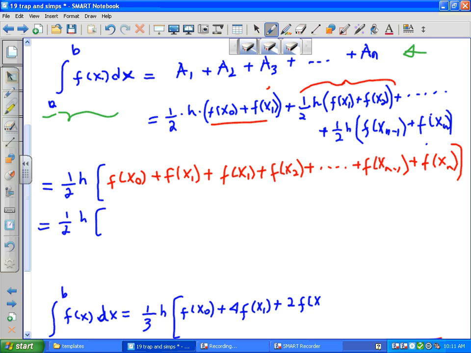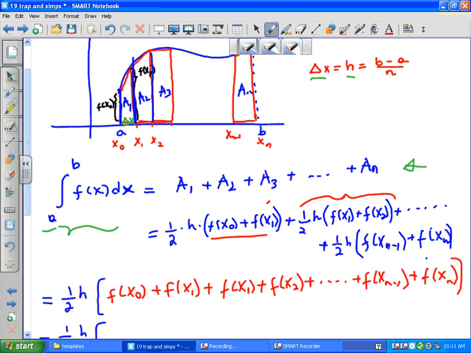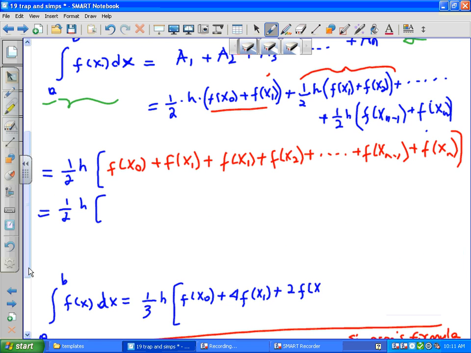So for example, how many f of x sub 0s do we have, do you think? One or two of those? That's the left-hand border of the first trapezoid. That one is not being shared by any other trapezoid, right? So there's only one f of x sub 0. How many f of x sub 1s? 2. How many f of x sub 2s? 2, because everything is being shared until you reach the last few steps, right?